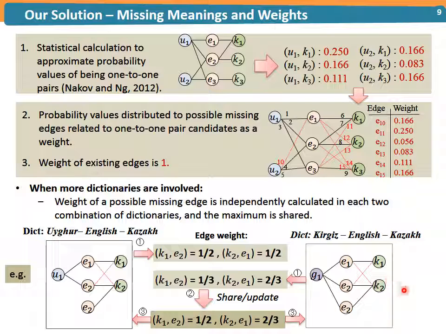In the same way, from the Kyrgyz-English and the English-Kazakh dictionaries, we can calculate the weight for exactly the same edge. Then we take the maximum of these 2 weights as the final weight of the given missing edge.